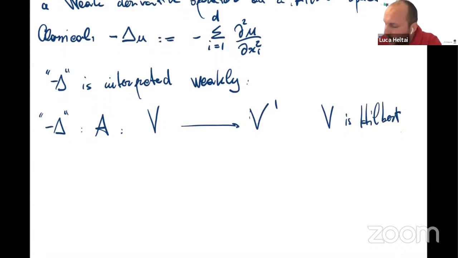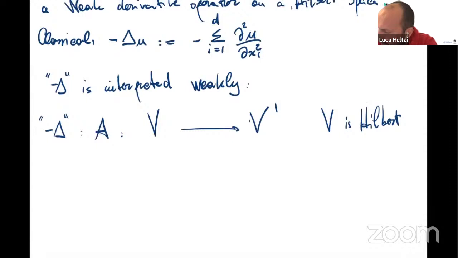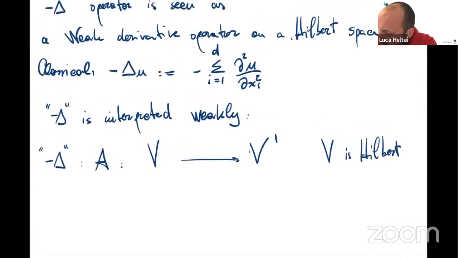Interpreted weakly means that instead of writing the strong form of the derivatives, at this stage one replaces the second derivative that you see here with the second weak derivative.